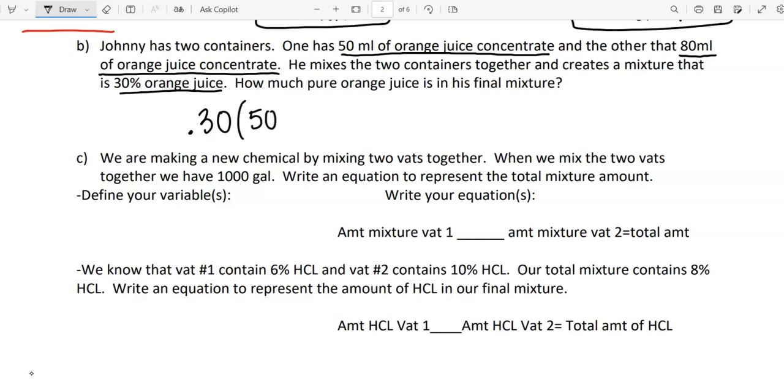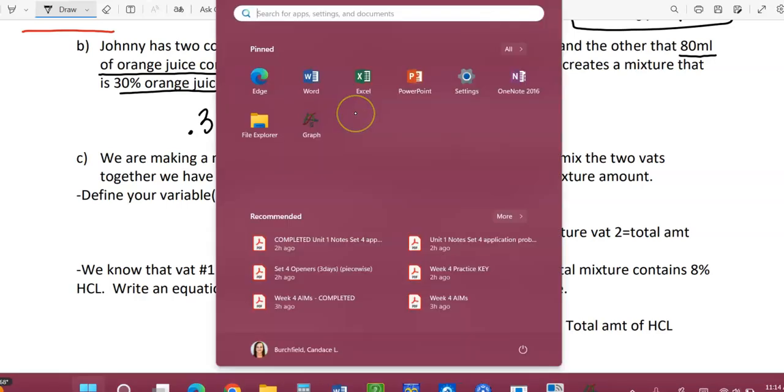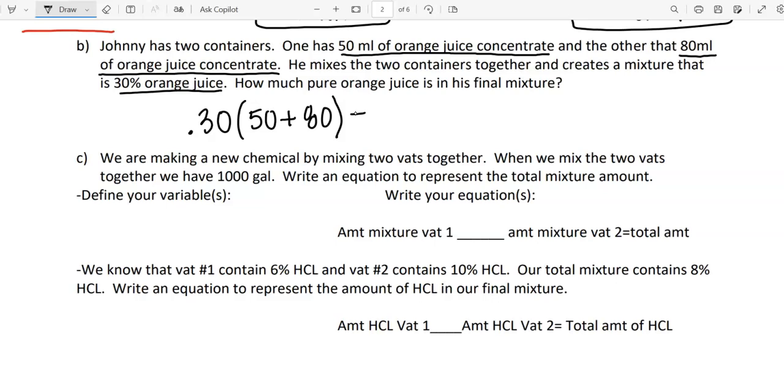So multiply that by 50 plus 80, and we'll get how much orange juice is in his final mixture. Somebody do that in your calculator, and let me know what you get. 39. Awesome. 39 what? Milliliters. Good. Awesome.